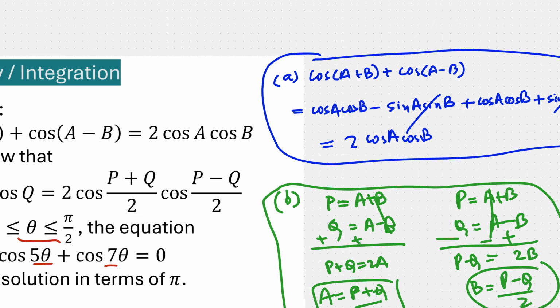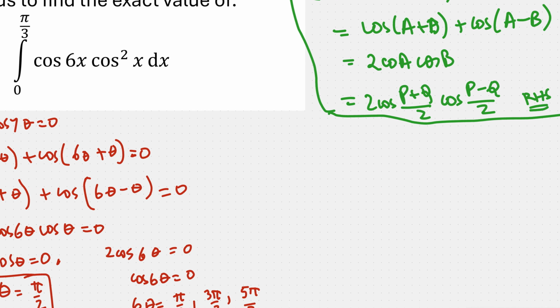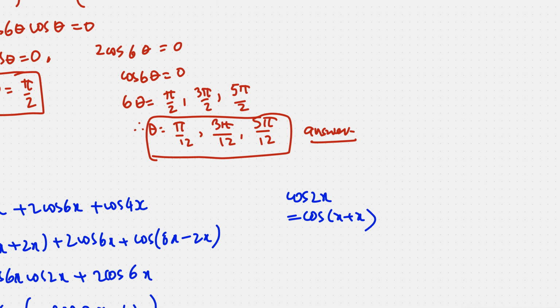So here, that is equal to cos x times cos x minus sin x times sin x, that is cos square x minus sin square x.